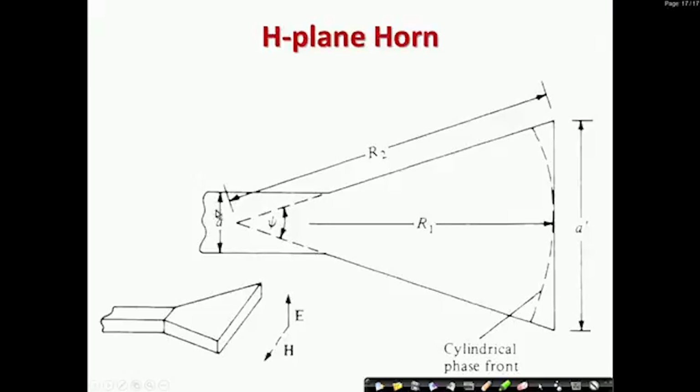Now, actually the rectangular waveguide was bringing the TE10 mode. Now, suddenly when it starts getting flared, a line source is created here. So, a cylindrical wavefront is radiated inside this, from this flaring start point to the flaring end point. So, here is a cylindrical phase front with a circular phase distribution.